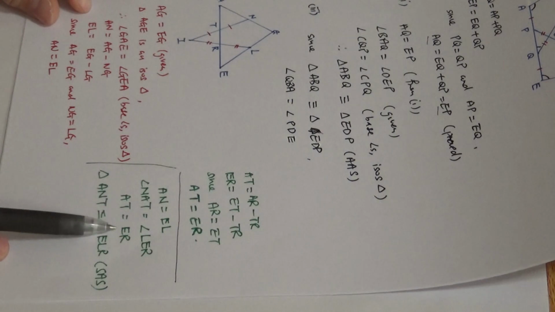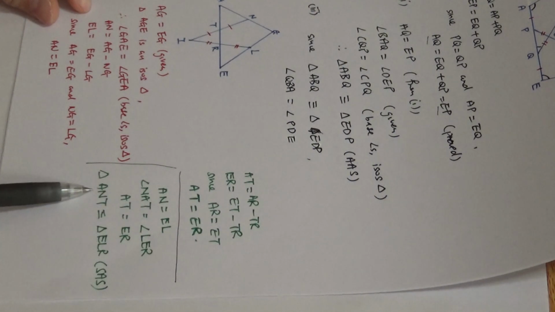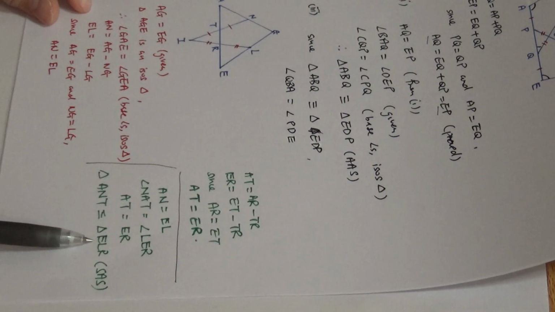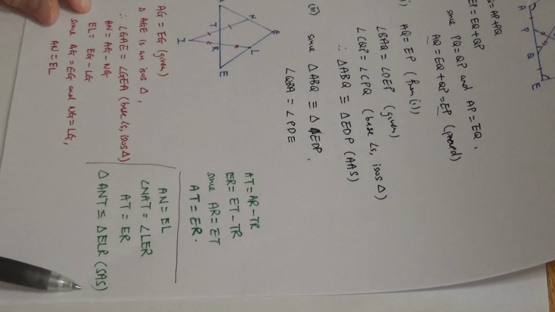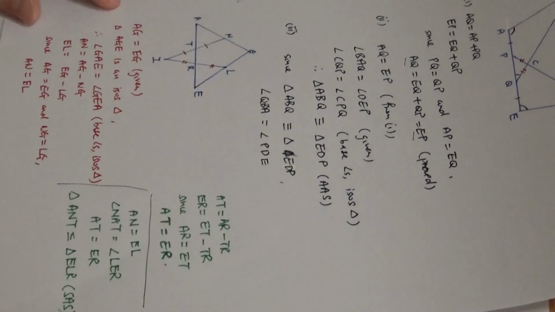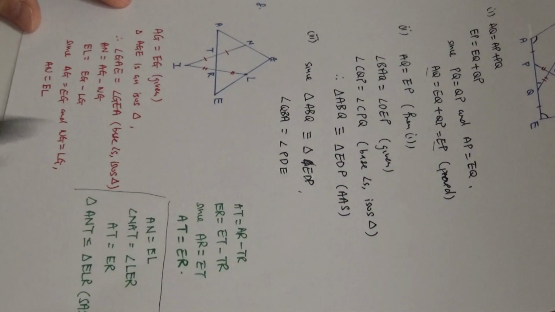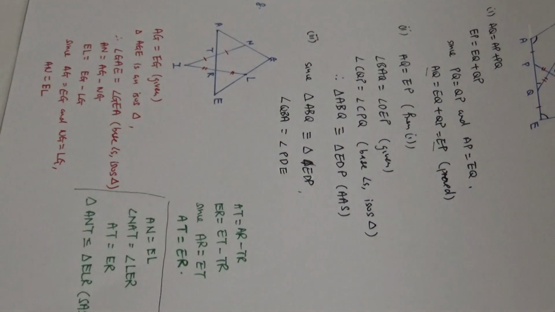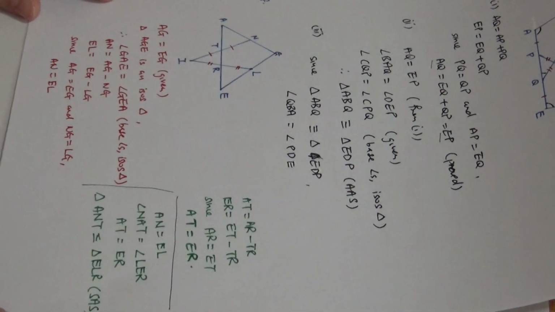AT is equal to ER. So triangle ANT will be congruent to triangle ELR because of SAS, side angle side property. You can see that in this question we have to prove a lot of things before we can use the SAS property. This is the difficult part in geometrical proving, because sometimes we do not know the direction.